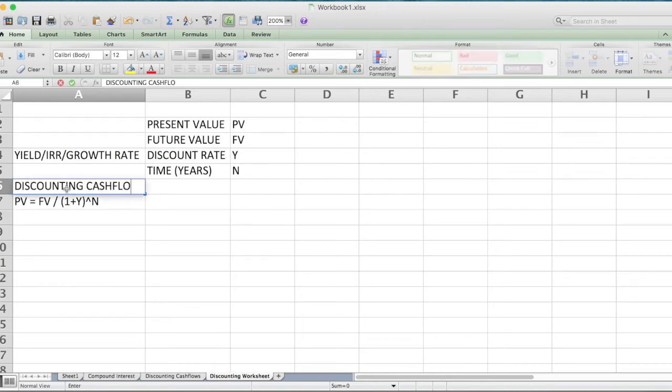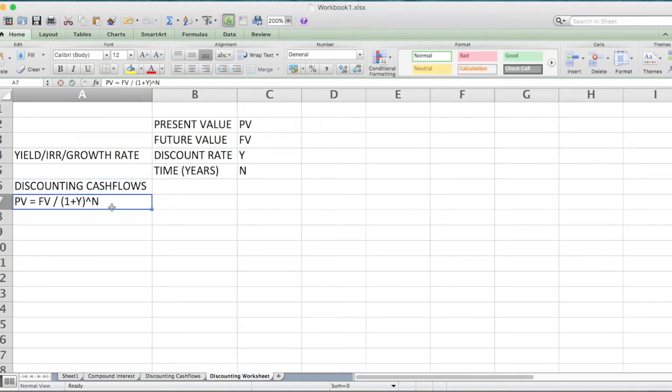The difference is we are solving for a different variable. We are solving for present value. In the compound interest formula, we're solving for future value, and algebraically we could see it if you multiplied both sides by the 1 plus y raised to the power of n, you would get the compound interest formula. But in this case, we're going to do discounting cash flows, and we're going to do an example.